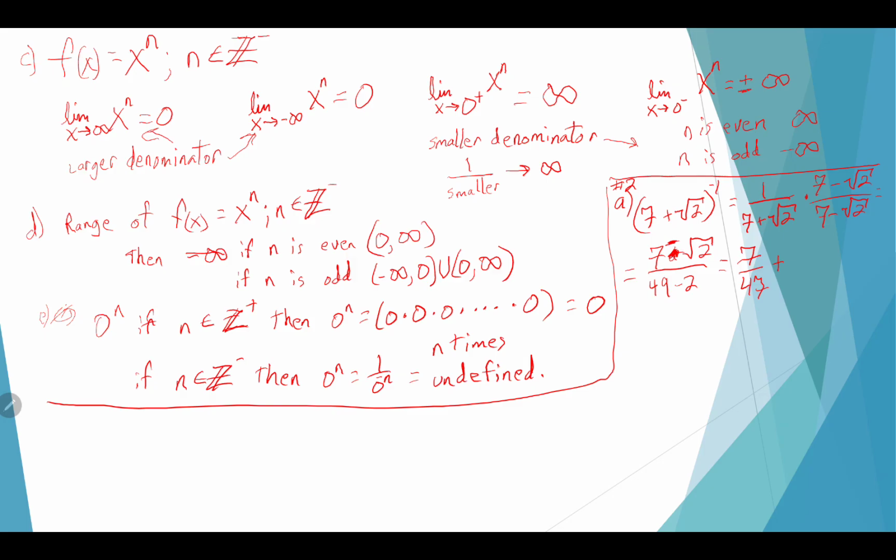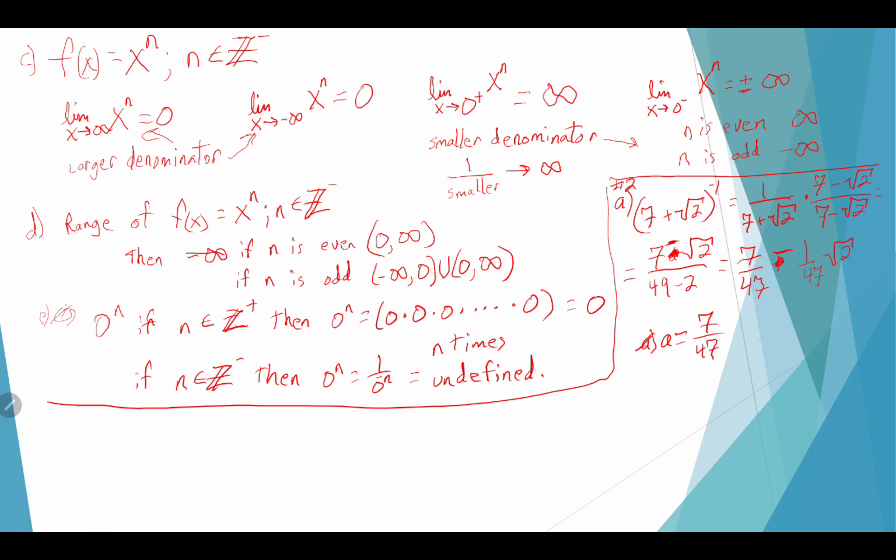This is a subtraction. So this is not a plus. It's a subtraction. That'd be 1. Yeah, it'd just be 1 over 47 square root 2. So in this case, given what they told me, A is equal to 7 over 47.